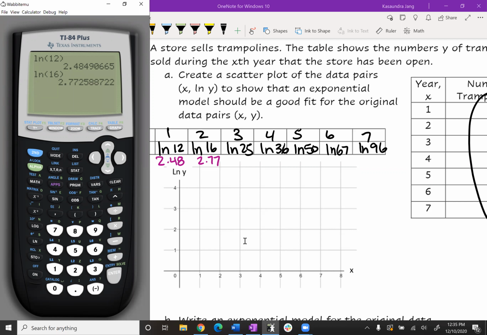And then Jason, I'll have you do the natural log of 36. I need the decimal form rounded to 2 decimals here. Anna, I'll have you do the natural log of 50. All right, Casey, I'll have you do the natural log of 67. And last one here, this is natural log of 96. So Alexa, can I have you do the natural log of 96? Let's round to 2 decimals. Just type it in here, let me know what you got.